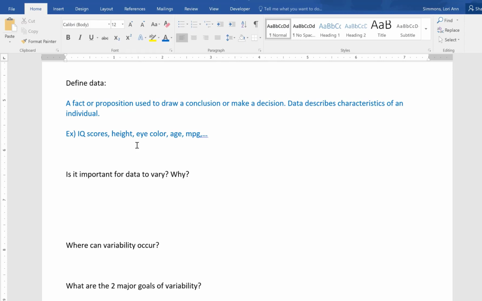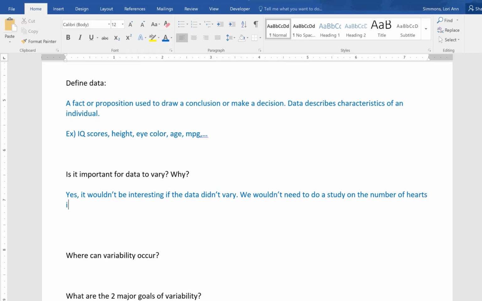So we want data to vary because it would be interesting. So yes, it wouldn't be interesting if the data didn't vary. We wouldn't need to do a study on the number of hearts in someone.